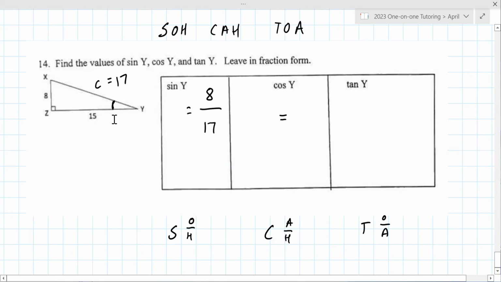Now, adjacent refers to a leg. It never refers to the hypotenuse. Relative to y, you might think 17 was adjacent, but it's actually the hypotenuse instead. So this one is 15 over 17. Tangent of y is O for opposite, 8, over adjacent, which is 15. So this might be good to have on that note card.